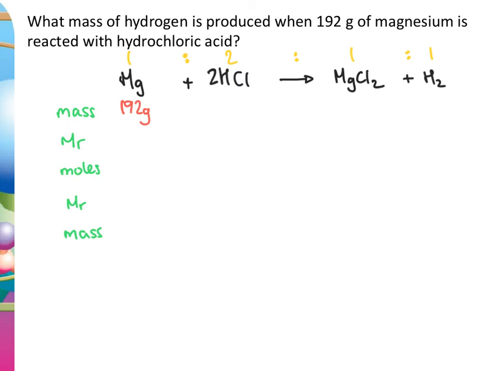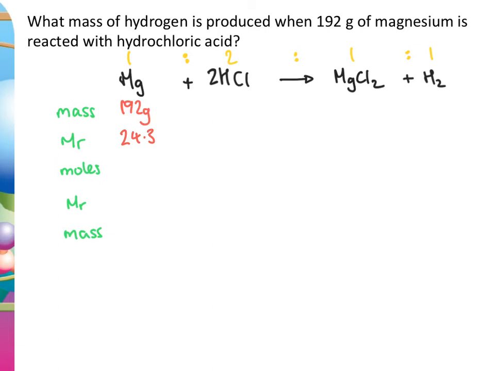So it's only now really that we're ready to go. All right, so the MR of magnesium. Remember, MR is the relative formula mass. It is the formula, okay? So the formula of magnesium is simply Mg, so no problems there. So we have an MR of 24.3. I got that from the periodic table. Now, if we think back to the relationship between mass and MR, we can work out moles.